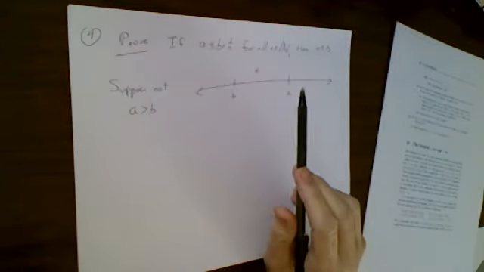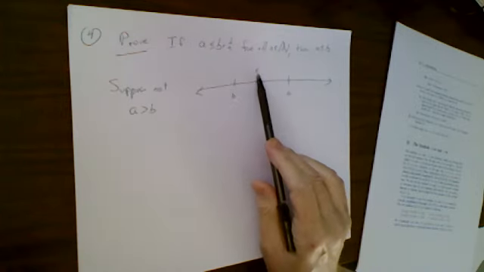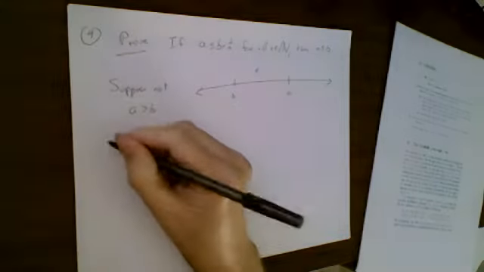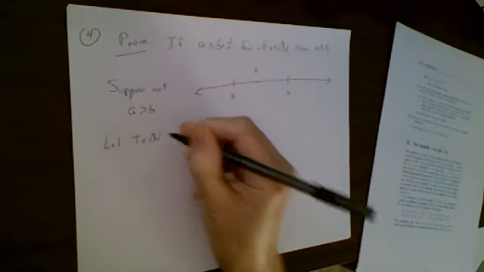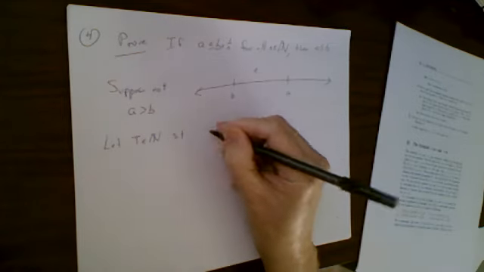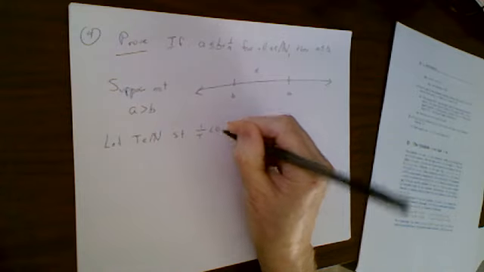Well, remember, you can find an integer, say t, such that 1 over t is less than epsilon. So let t be a natural number such that 1 over t is less than epsilon.